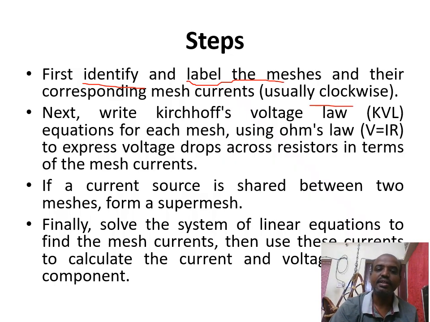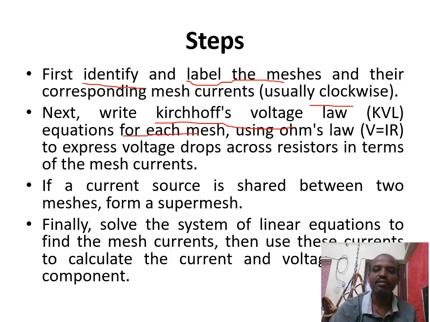After assuming the current flow direction, we need to apply Kirchhoff's voltage law for individual loops. So the second step is we need to apply Kirchhoff's voltage law for each loop.